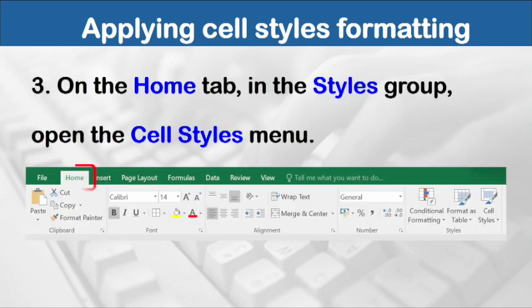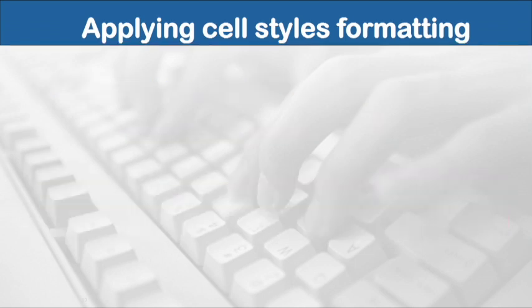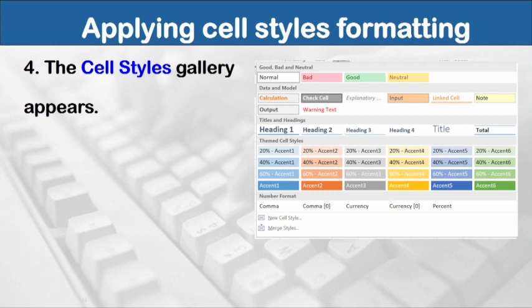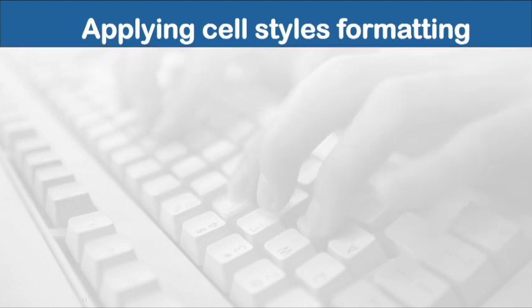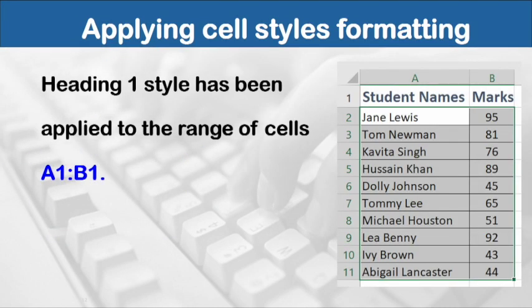On the Home tab, in the Styles group, open the Cell Styles menu. The Cell Styles gallery appears. In the Titles and Headings section, select the Heading 1 style. As you can see, Heading 1 style has been applied to the range of cells A1 to B1.